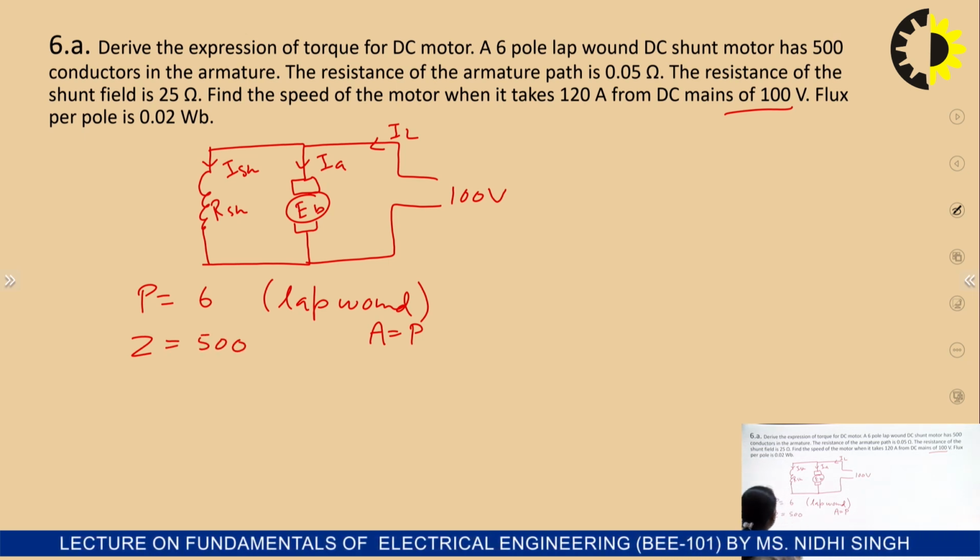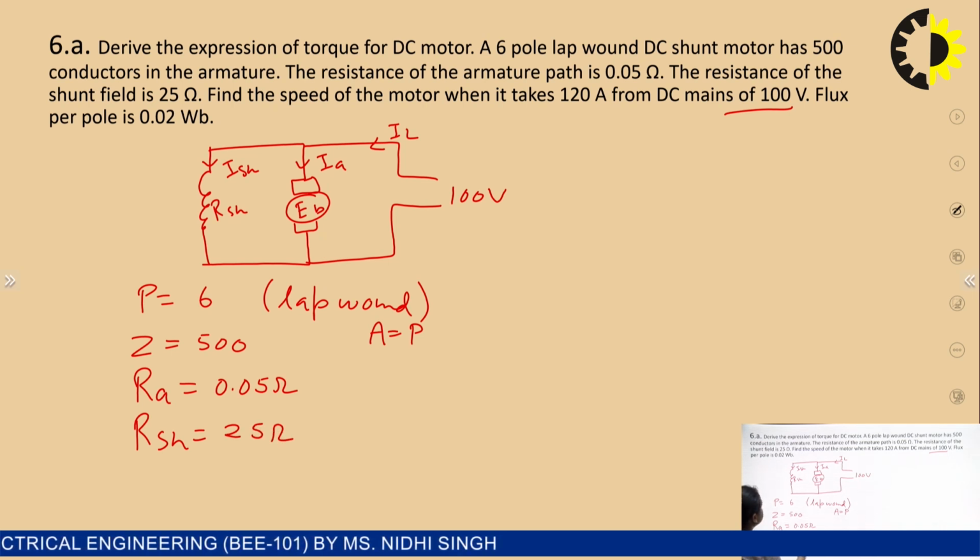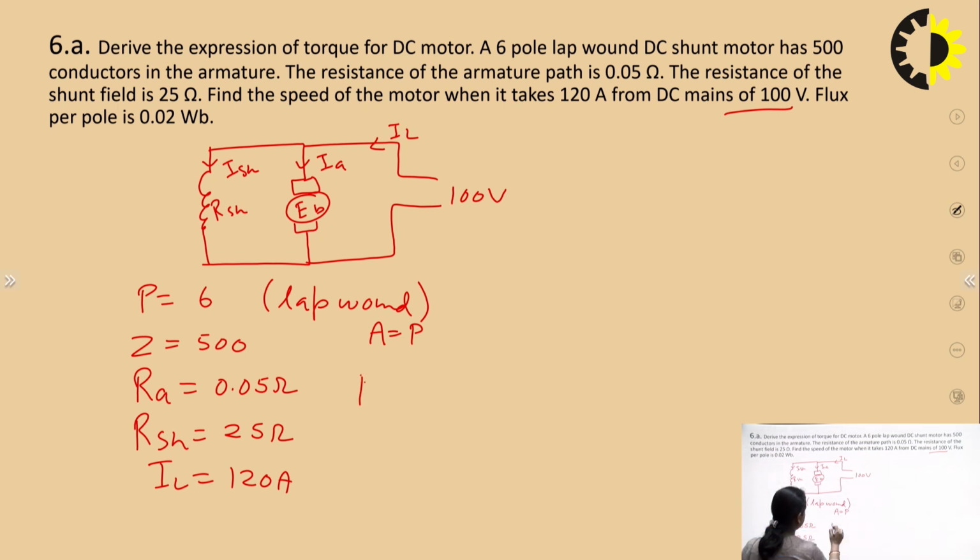The resistance of armature path, it means Ra, is given 0.05 ohm, and the resistance of the shunt field, Rsh, is given 25 ohm. Find the speed of the motor when it takes 120 ampere, it means IL is given 120 ampere, right?